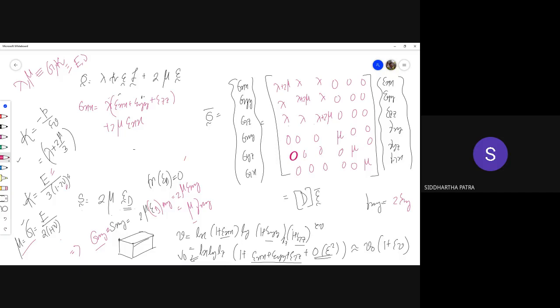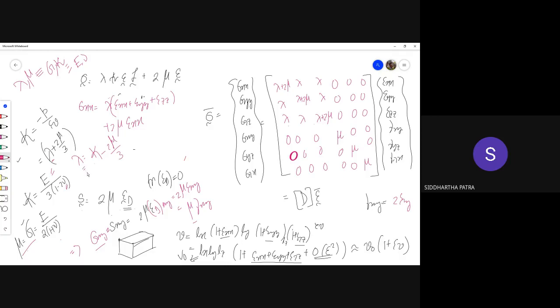Try to get the expression for lambda and mu with respect to E and nu. Mu you already have. Try to get it for lambda. As you can see, lambda is the bulk modulus minus twice mu by 3, and mu is this expression. Substitute over there, and you will have the lambda value.